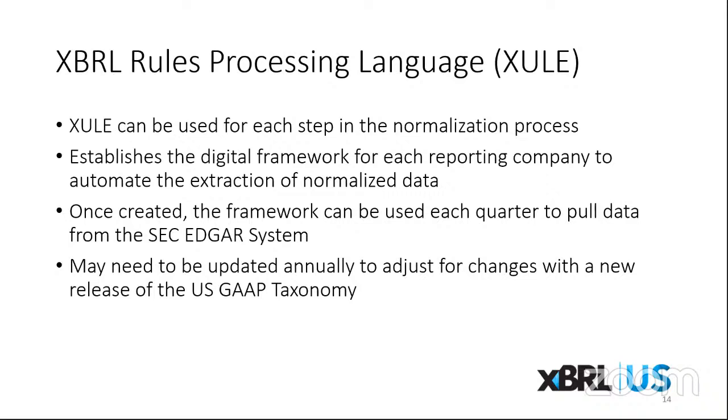ZUUL itself is its own programming language, but you can think of it as a super simplified version of Python, structured to take into account the structure of XBRL. So if you write the rules and say you want X, Y, and Z to happen, it is aware that you can have different time periods and different concepts.